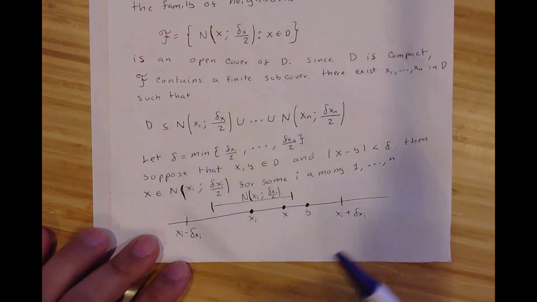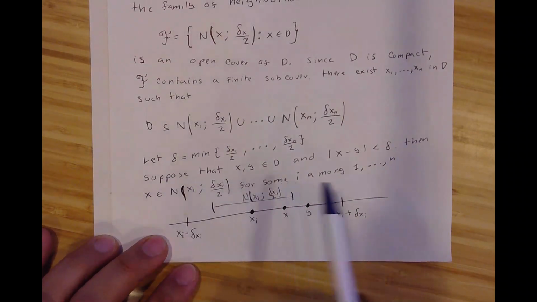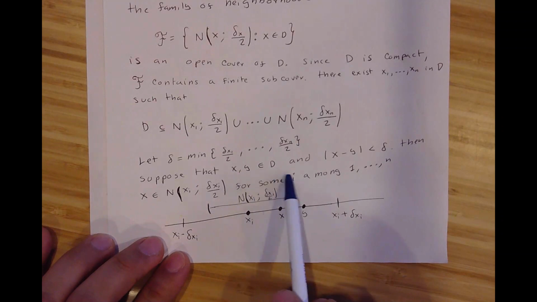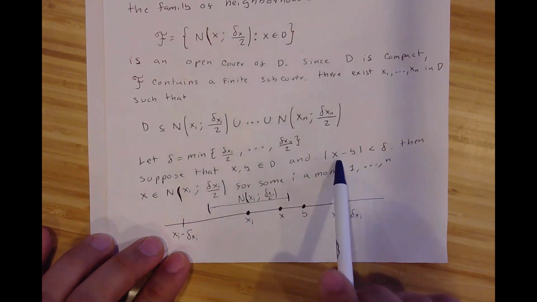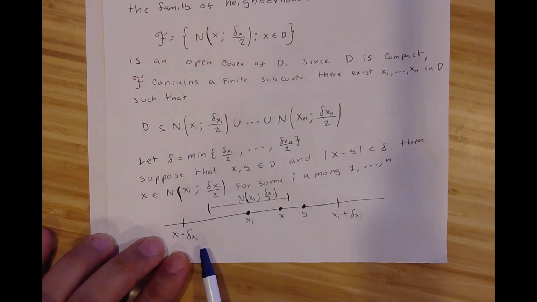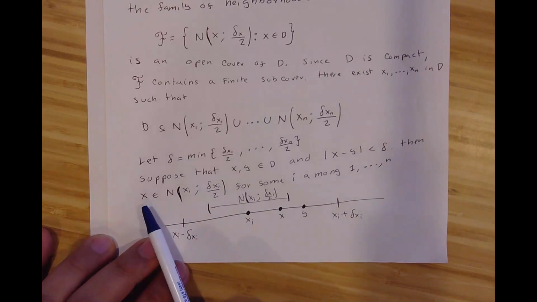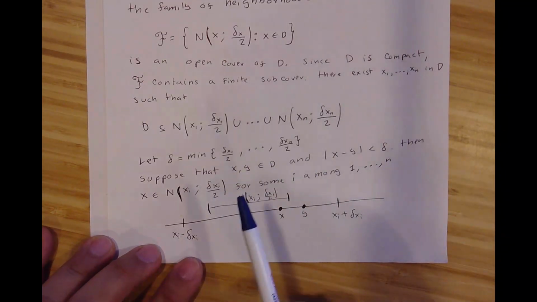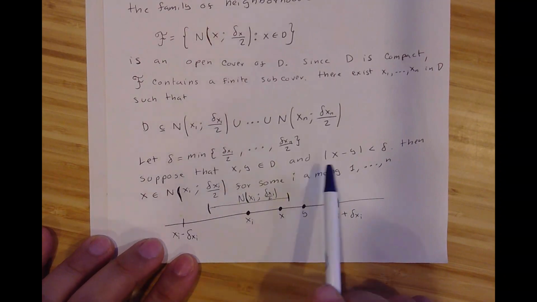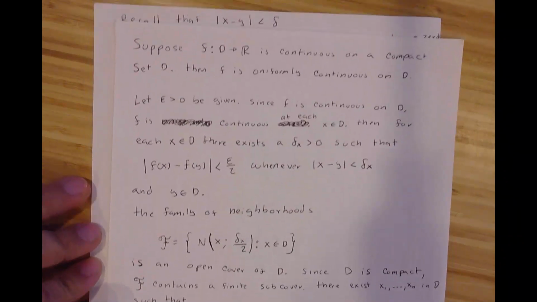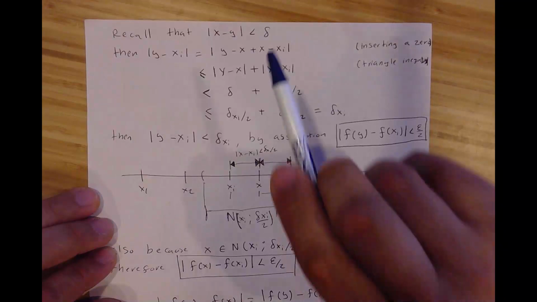And then we can try to prove if that minimum will work. Let's suppose that we have these x and y in D, and the distance between them is less than this minimum. Then x will be inside of this neighborhood for some i, it doesn't matter which one, you just choose one, for some i among the n.